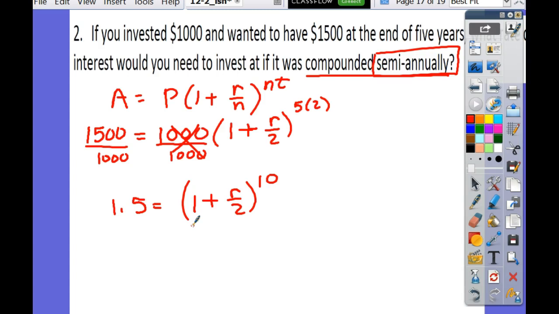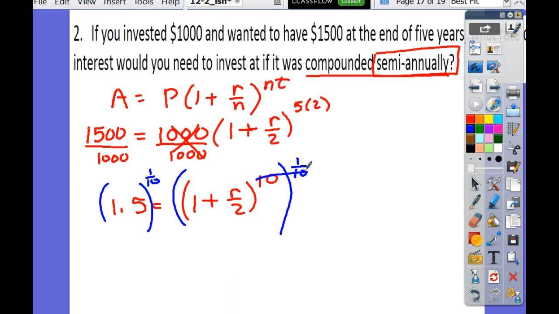In order to solve any farther, I have to get rid of the 10. Do you remember how to do that? You raise it to the reciprocal power to cancel out the exponent of 10.